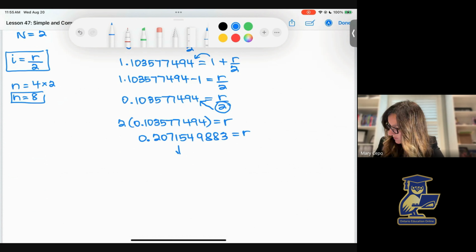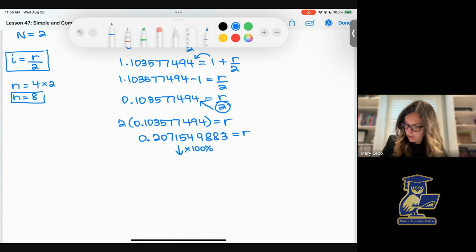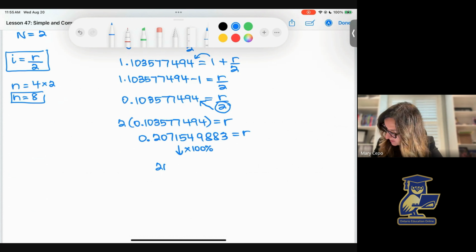Now remember, we have to multiply by 100 to get the rate in percent, because that's how we describe it. But when we use the formula, we have to make sure we get rid of the percent sign. So it's 20.71549883 percent is equal to the rate. We're going to round to 2 decimal places, so the rate is about 20.72%.